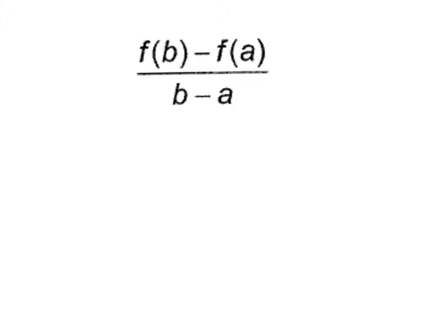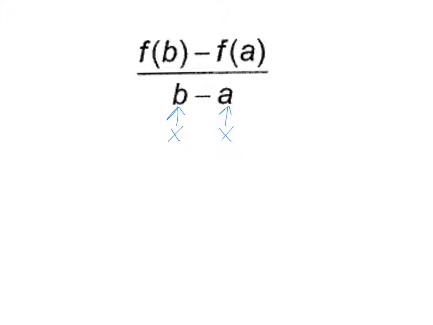And a way to write a formula for the average rate of change is in function form, which is like this: f of b minus f of a all over b minus a. So if you remember, when things are written in function form, the numbers inside the parentheses are the x's. So that means the b and the a are actually x's.